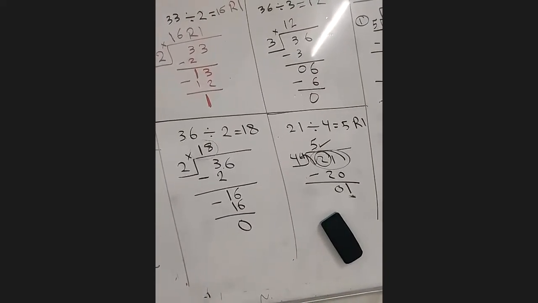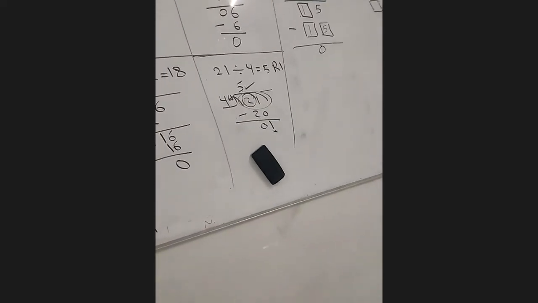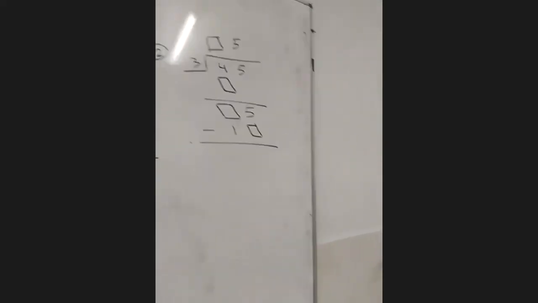Down we have a square, then 2 squares, then 5, and 1 with 5. Here we have minus 1 and a square also. We need to fill these spaces, guys.